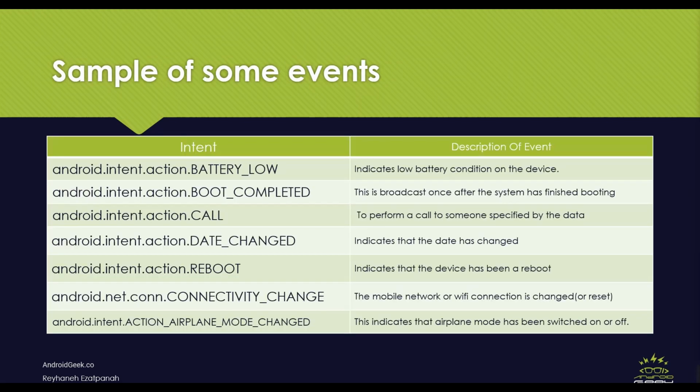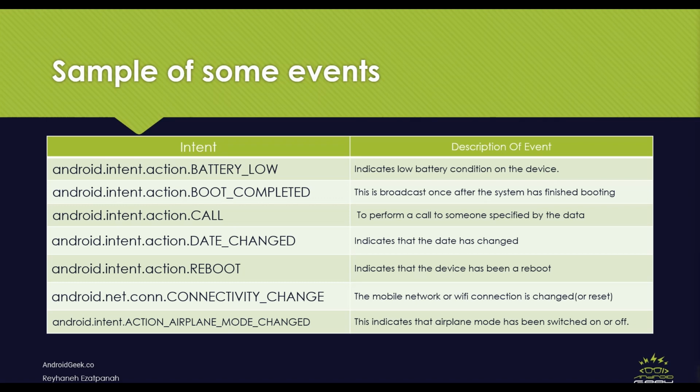And the next step, I want to show you some events of broadcast receiver. As you can see, we have types of intent: battery low, boot complete, call, date change, reboot, connectivity change, and also the last one, airplane mode.